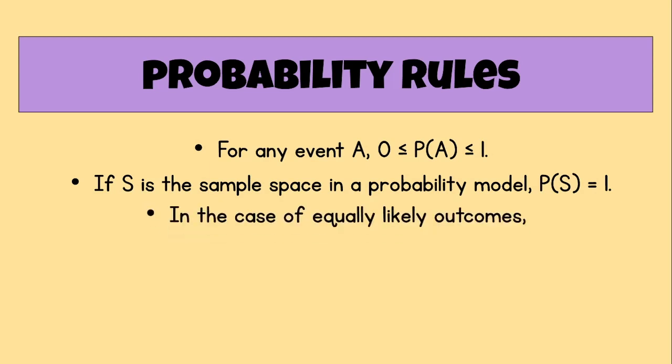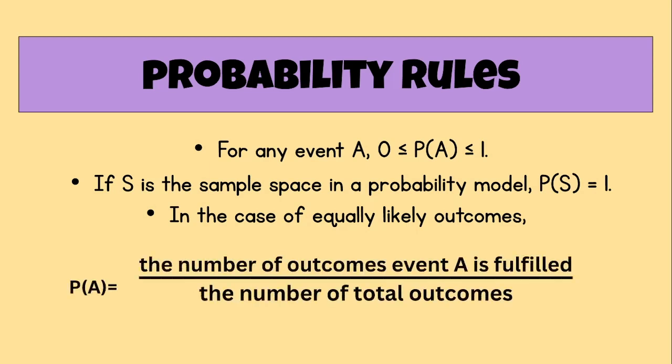Now, in the case of equally likely outcomes, the probability of event A happening should be equal to the number of outcomes in which event A is fulfilled divided by the number of total outcomes. There are many examples of this, like a random number generator or a coin flip. Let's look at a die, for example.